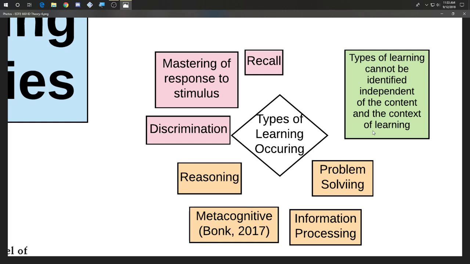So we're really not able to identify the specific types of learning that are happening unless we're talking specifically about the context of the experience in which we are actually participating. Okay, so certain contexts of certain positions could potentially change rote level knowledge or understanding.